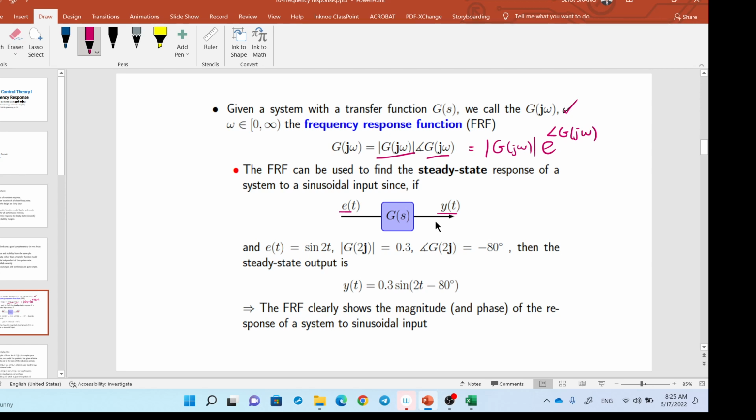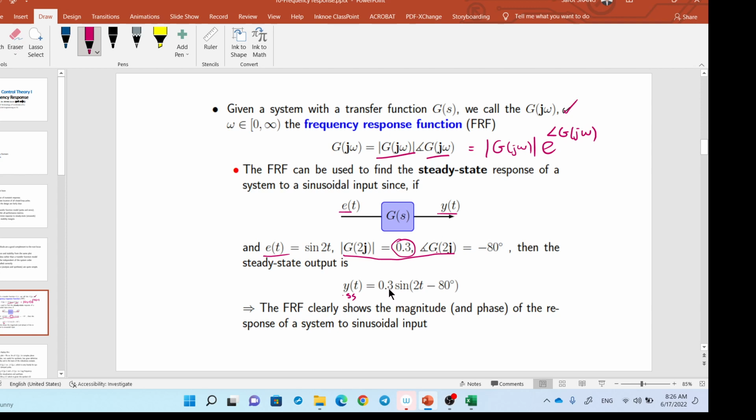For example, if you have input e(t), a sine wave like this, and you have a transfer function, in this case we call it the frequency response function, where the magnitude is 0.3 and the phase is minus 80 degrees, then the response, actually this is the steady state, or you can term it as a particular solution of a differential equation.